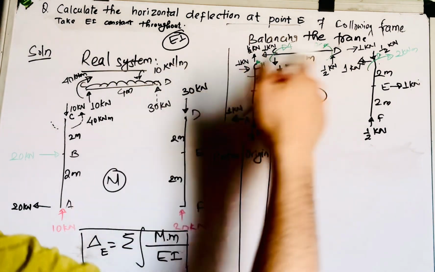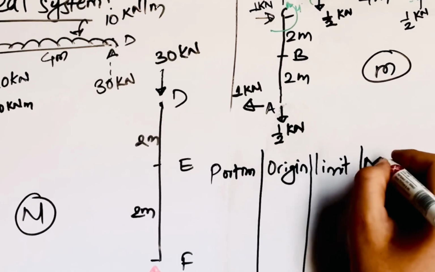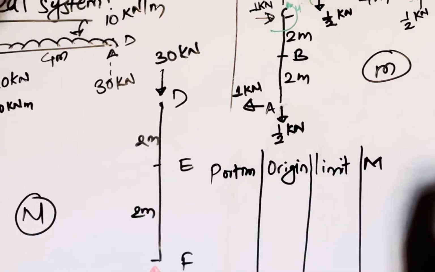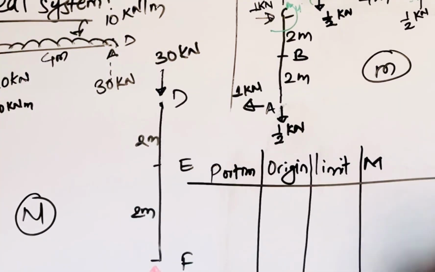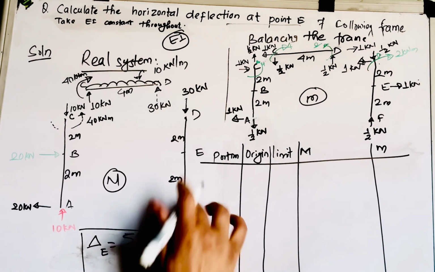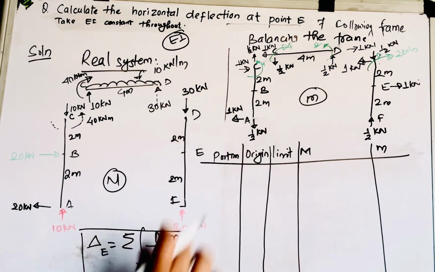If the rigidity were different, you would need to make a column of flexural rigidity as well. Now the real system value, that is M, and the virtual system or unit system as small m. So I make this table here. You need to use this system and this system to write this table.